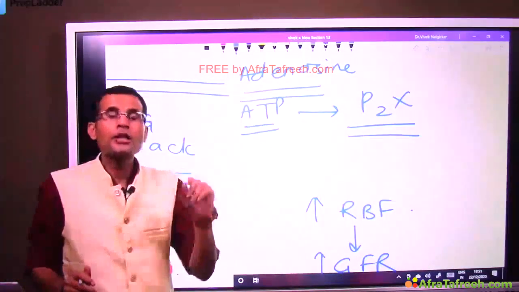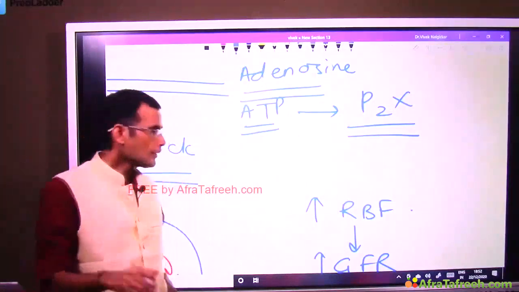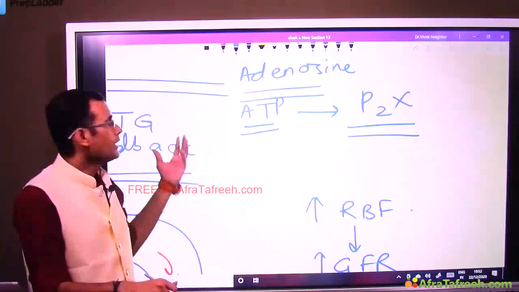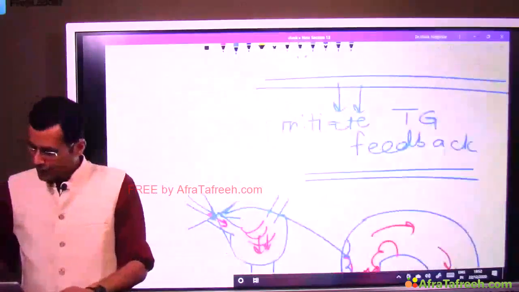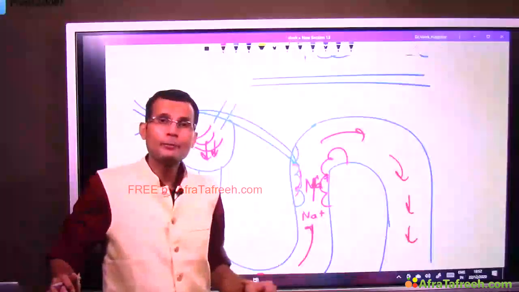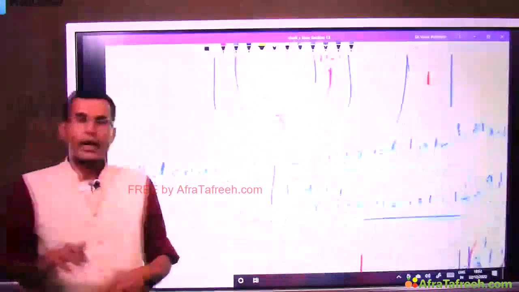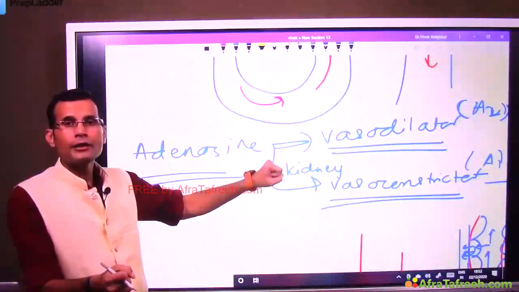These are called purinergic receptors. So through the purinergic receptor of adenosine triphosphate, even ATP can initiate this tubuloglomerular feedback, and the effect is constriction of the afferent arteriole.